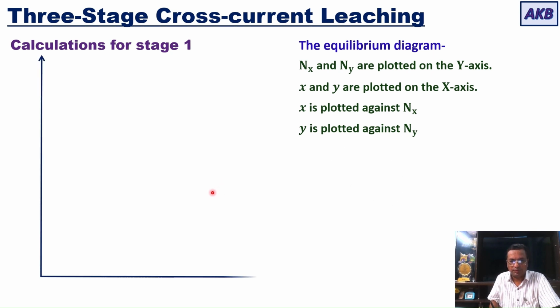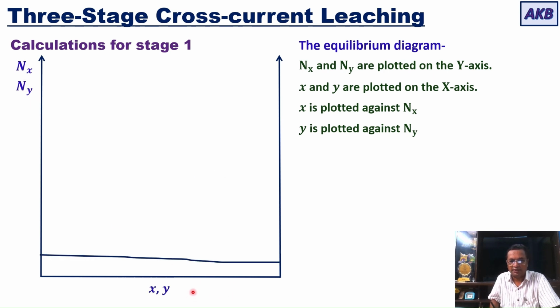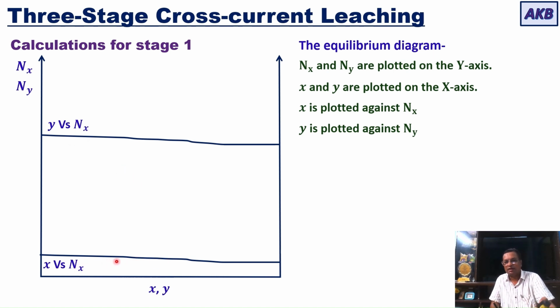So I will show you. On the y-axis, you are plotting Nx and Ny, and on the x-axis, you are going to plot X and Y. So you get the X versus Nx curve, and then you get the Y versus Ny curve. Now, in this case, the X versus Nx curve is lying above the x-axis, which indicates that it contains some solids.